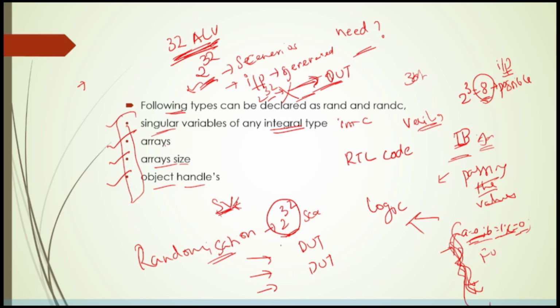It was designed to provide random values to the DUT without missing any corner cases, without missing any possible input values. So that is the need for randomization, in order to verify the complex design.